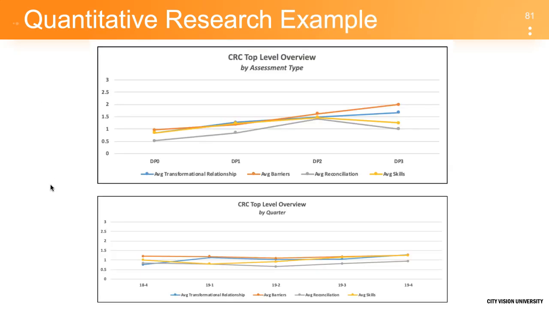Here's a quantitative research example, and this is a quantitative one that I did for an organization, and we have these 4 different outcomes. And the outcomes all had to do with skills. One outcome was about reconciliation. One was about barrier resolution, and one was about transformational relationships.